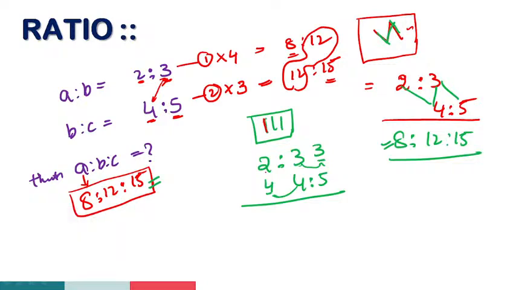Remember 3 lines. First line, 2 4s are 8, second line, 3 4s are 12, and third line, 3 5s are 15. The answer is 8 is to 12 is to 15.